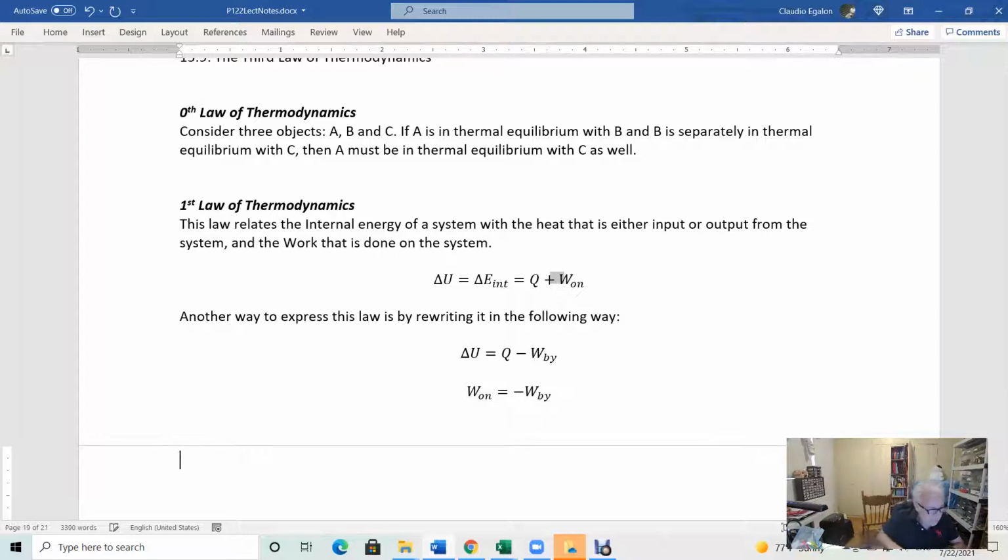An example of how to calculate the work on a system.